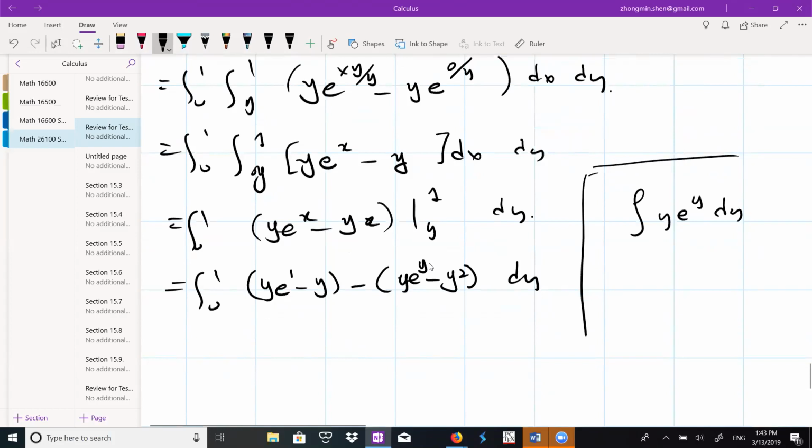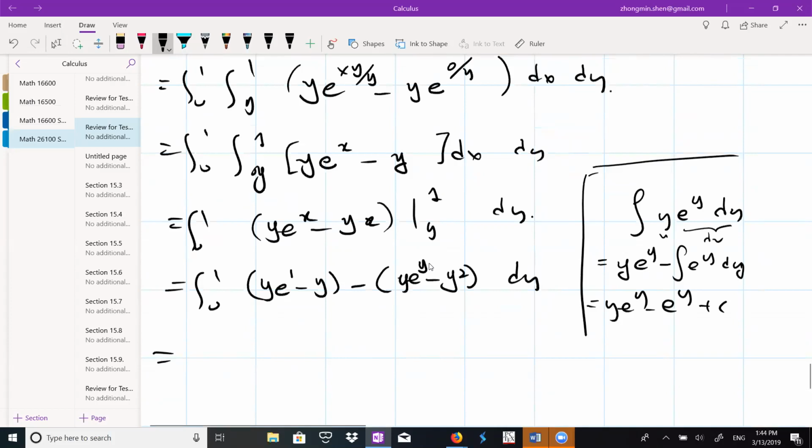Use integration by parts. This is dv, and v is going to be e to the y. So y times e to the y minus, you switch the order, that's u and du, e to the y dy.